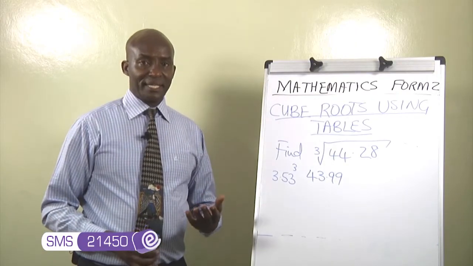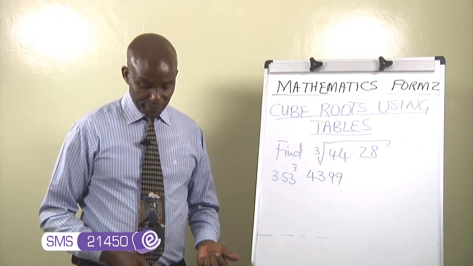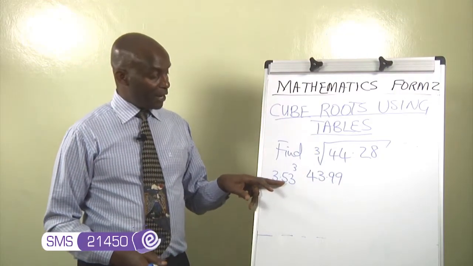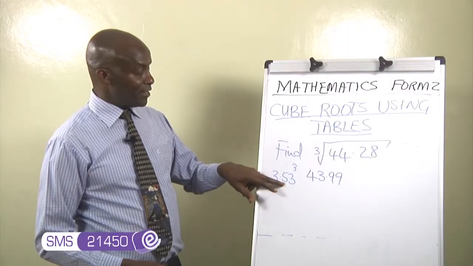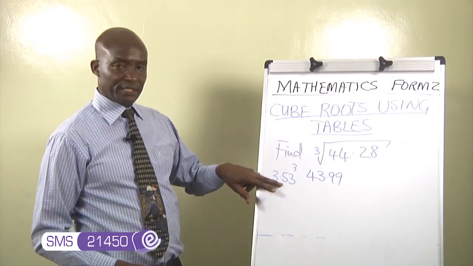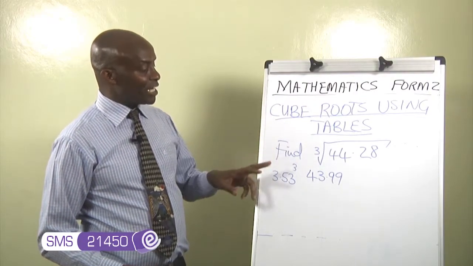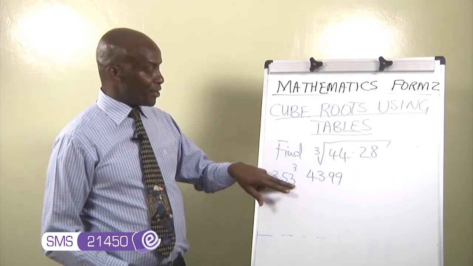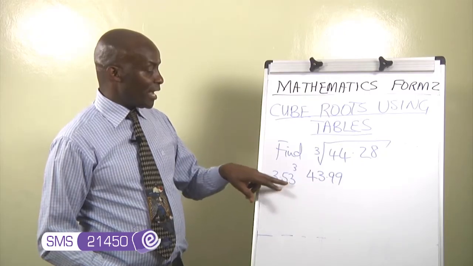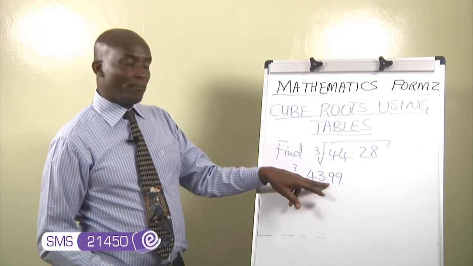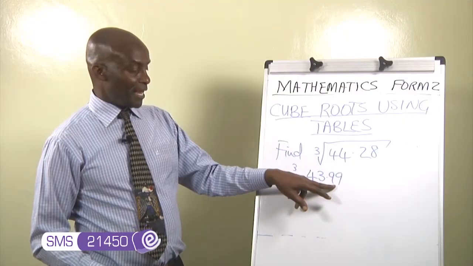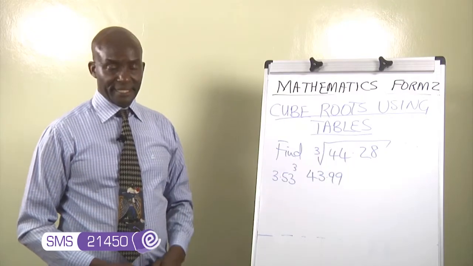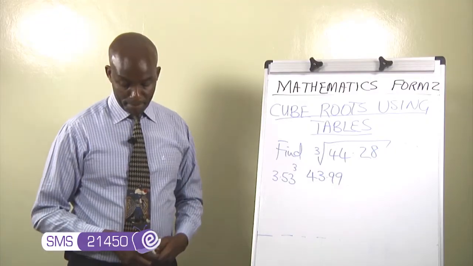The procedure is as in our previous lesson, whereby under column X, you find 3.5, the first two digits, and then under the major columns, you come under column 3, and that is where you will find the number 43.99. This is the number that is closest to 44.28 and below it.